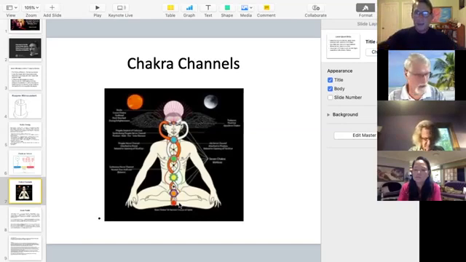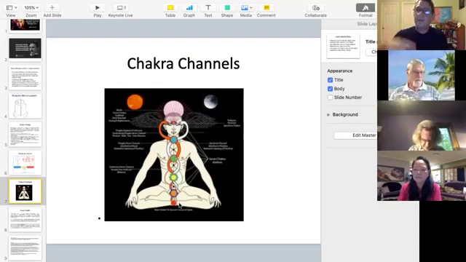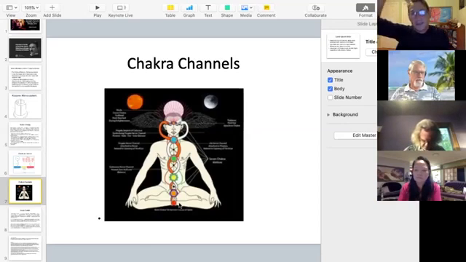The cosmic radiations can come down through the crown chakra and then go into the channels and meet up with the earth energies.